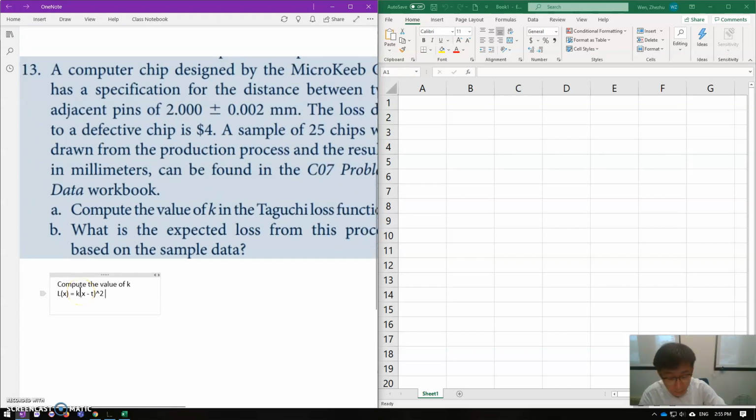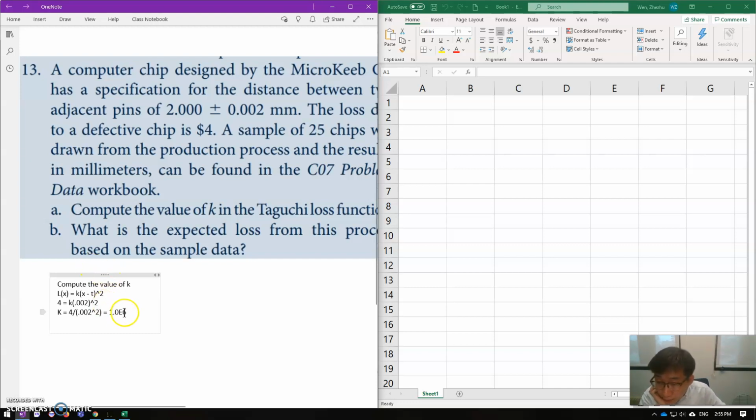It's hinting that the loss is actually $4. We don't know K. The deviation is 0.002. So what you can do here is K equals 4 divided by 0.002 squared.